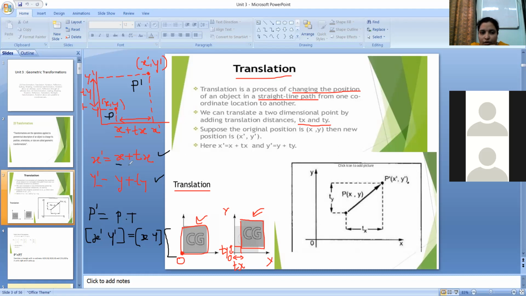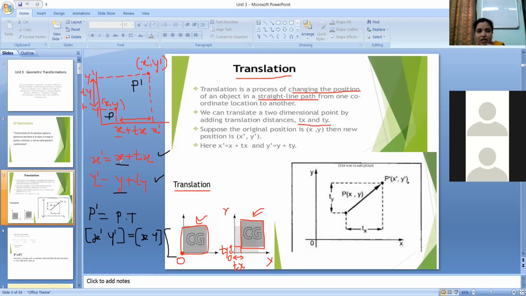So if I want to get x and y as it is, I have to write the identity matrix for it. Right? Because I want x and y as it is. I don't want to scale x.